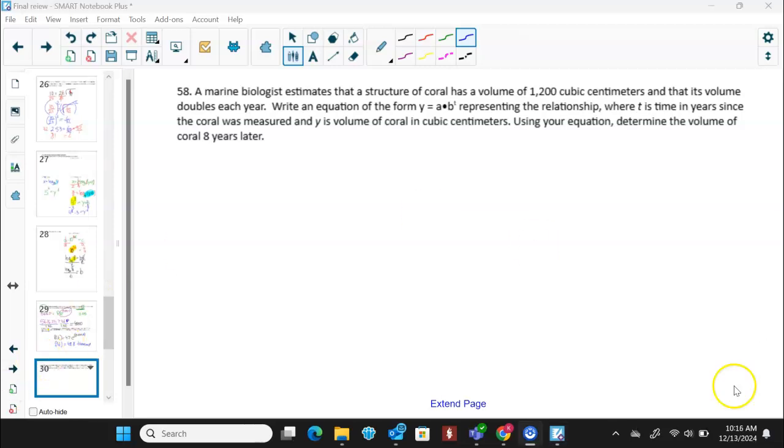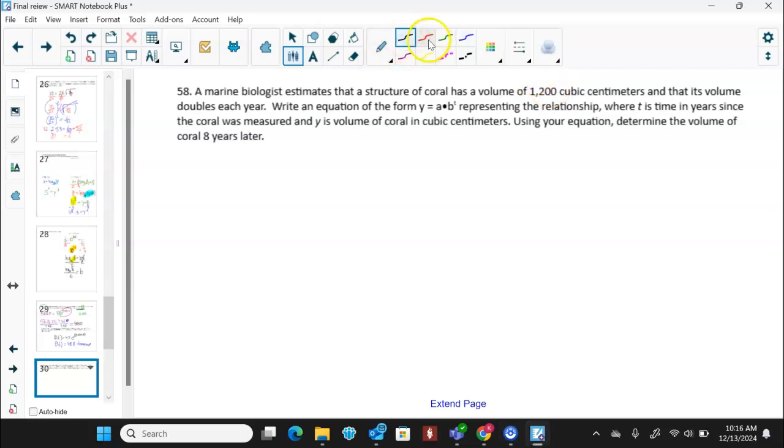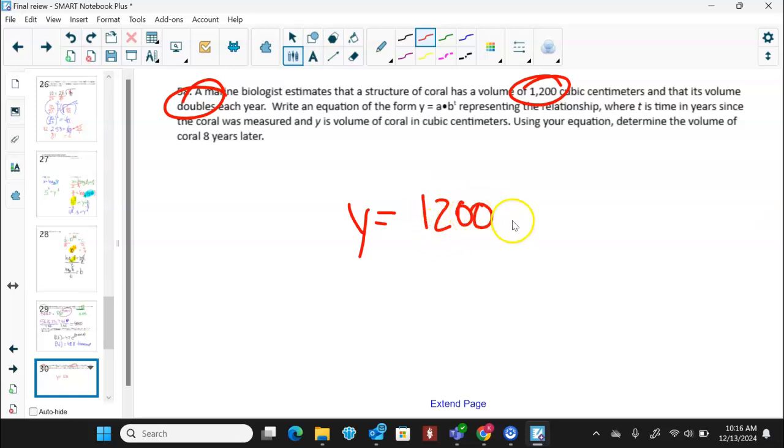Okay, so some of the information that we're given is 1,200 cubic feet and the word double. So that means that our equation will look like 1,200. That's your A, because that's what we're starting with, the volume. And then double would be your B, which is 2. And then time is given to us by 8 years.